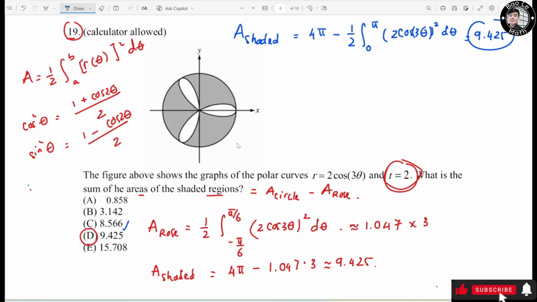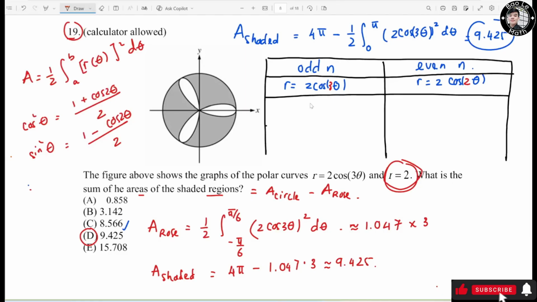By the way, I'm going to compare the rose curve with the odd n and the even n. Now for this one, we have 3 petals. This one we have 4 petals. This one is a full trace from 0 to pi. This one is a full trace from 0 to 2 pi. The area is calculated by this formula: 1/2 times the integral from 0 to pi of the radius squared d theta.